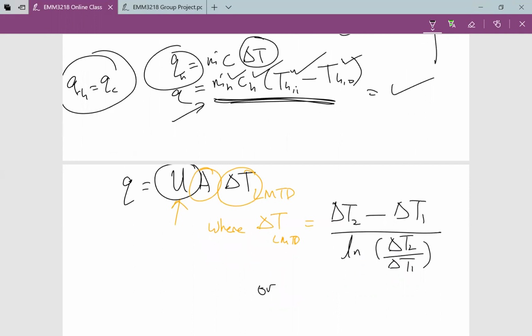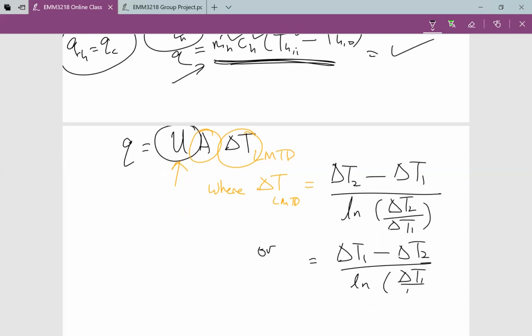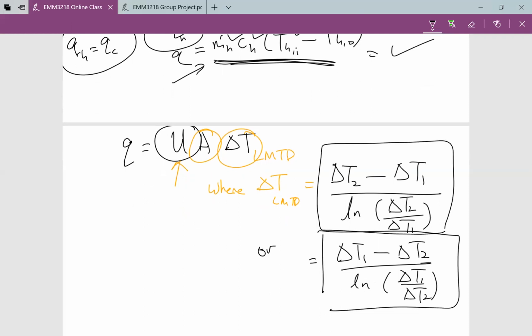Or you can do the other way, also fine, as long as you are consistent. Okay, this is also the log mean temperature difference. Notice that if you have 2 first, you have 2 on top; 1 first, 1 on top. So what are these delta T1, delta T2?